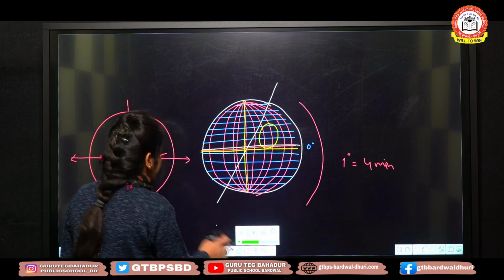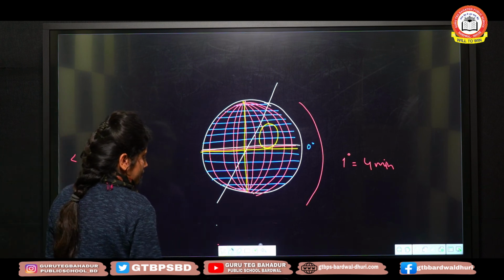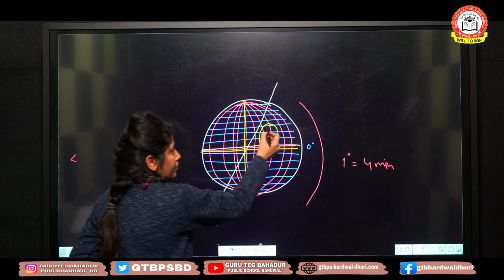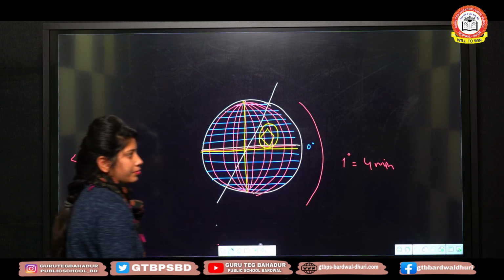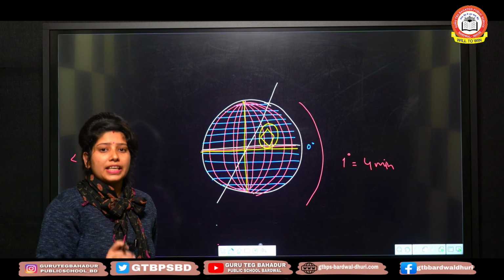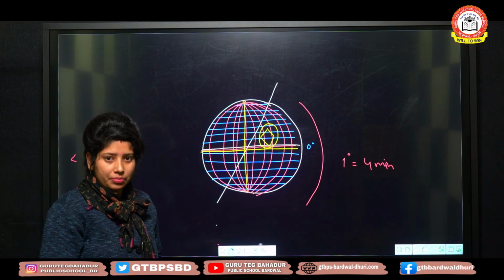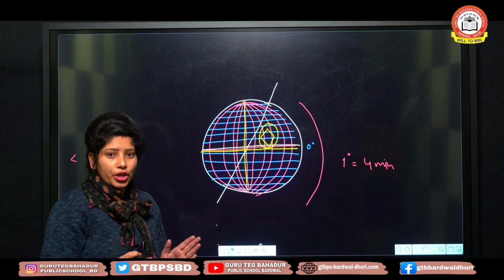Okay, just suppose we have India located here, so there must be a difference in the lines of longitude. Okay, we are calculating the time, so we must have some longitude lines.